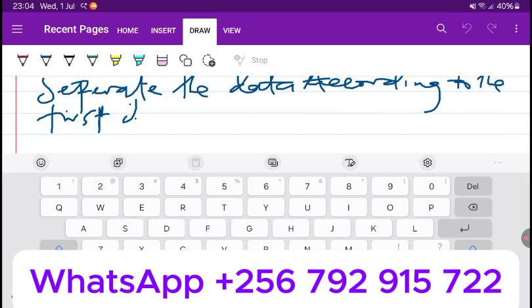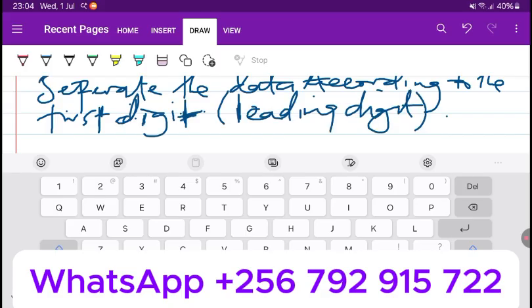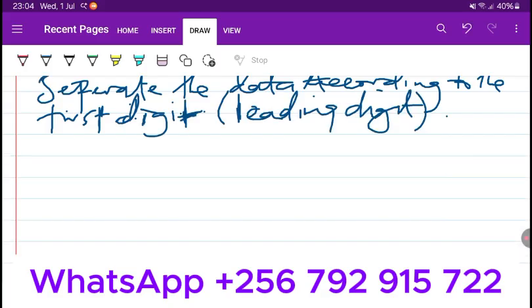Because remember, we said in step number 4, we arrange the leaf based on their ascending order. So let's now arrange the data according to the first digit.